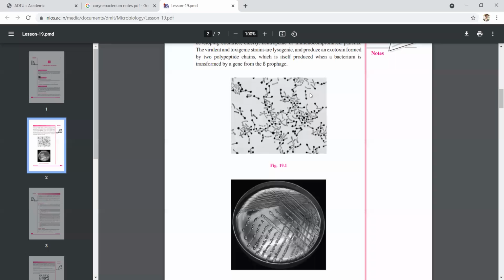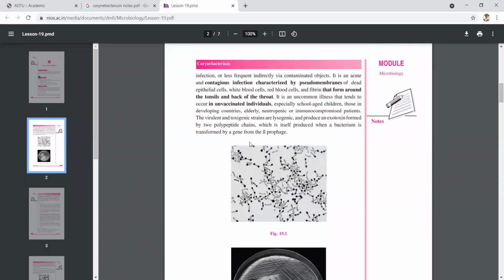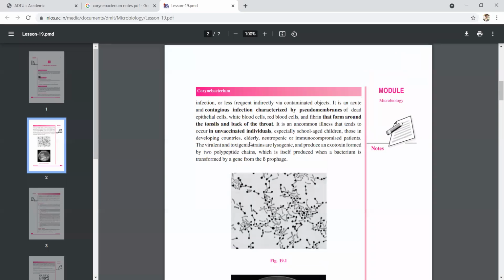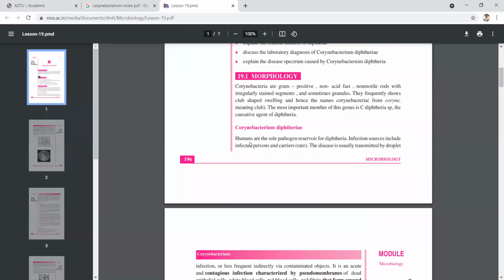And the arrangement you see here is somewhat like a Chinese letter arrangement. Just observe, it looks like Chinese letters. Because of the club shape that I mentioned just now, this bacterium is known as a club-shaped bacterium, and hence the name Corynebacteria was given to it.